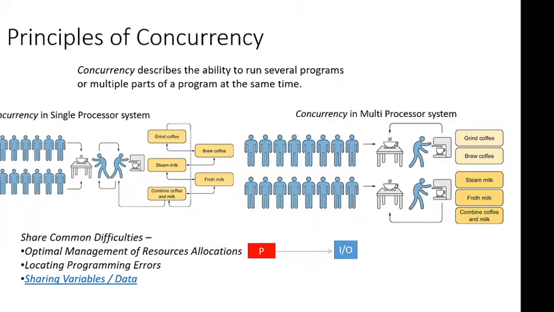Or another scenario you can take is the process P requests input output, and he gets the permission for input output. But he can do input output only if he gets another resource, and that resource is not free. So he waits for that resource, all the while holding this input output. He's making this input output busy even though he's not working on it.